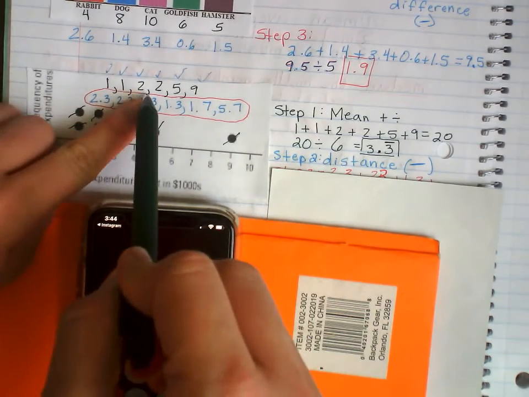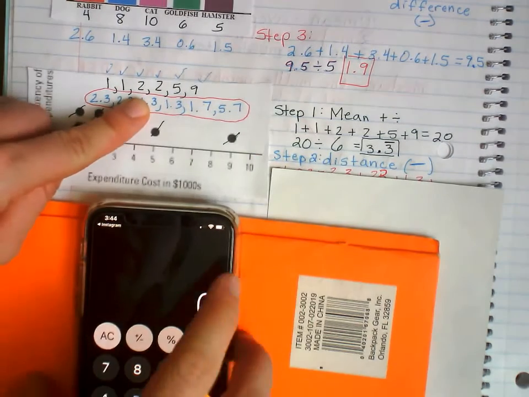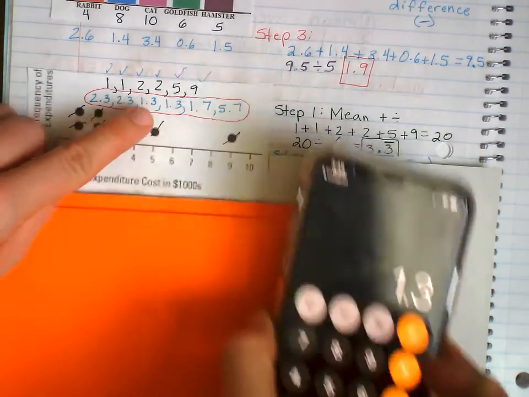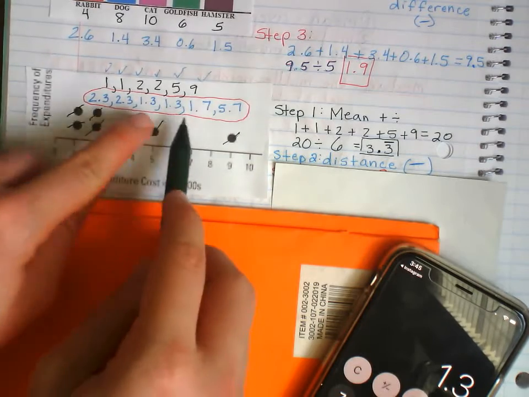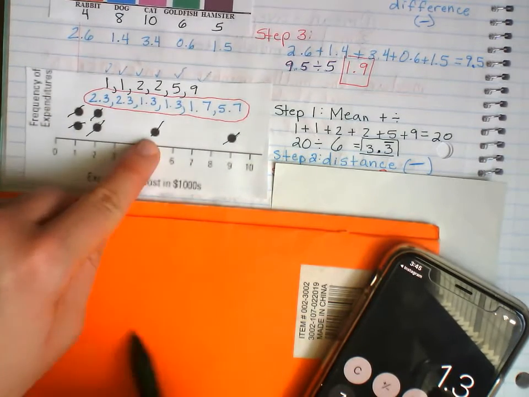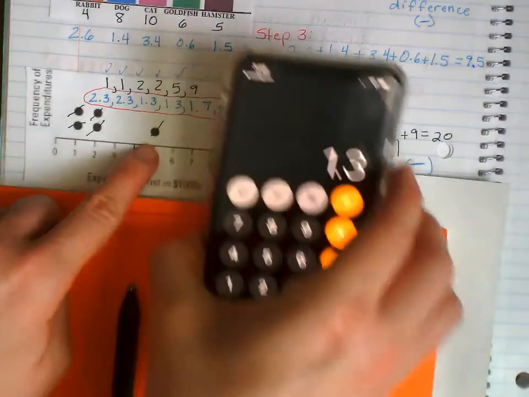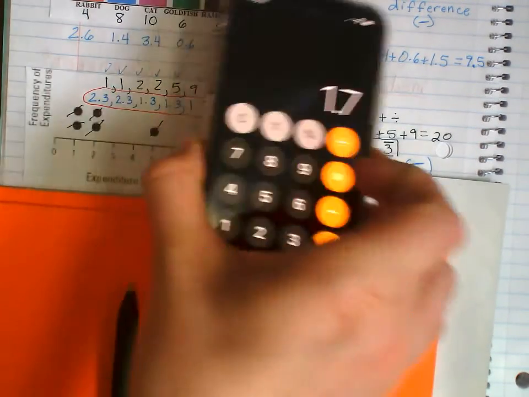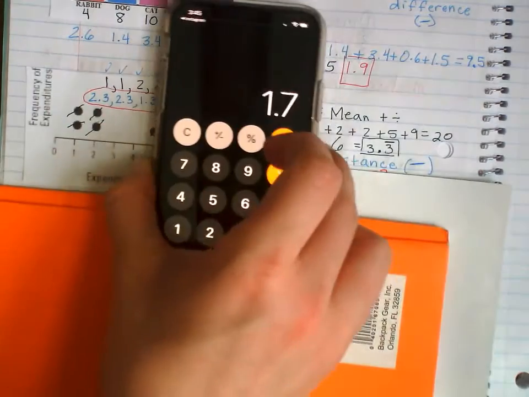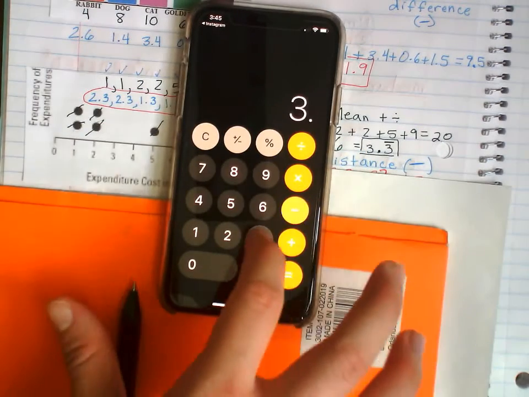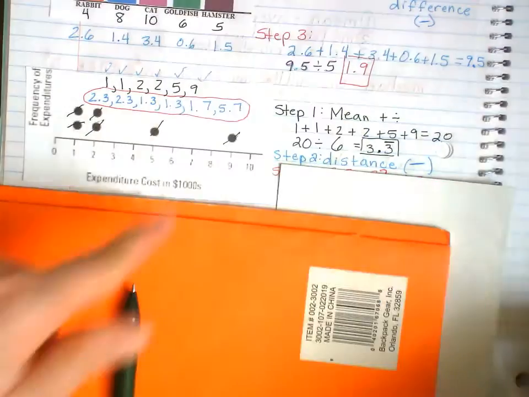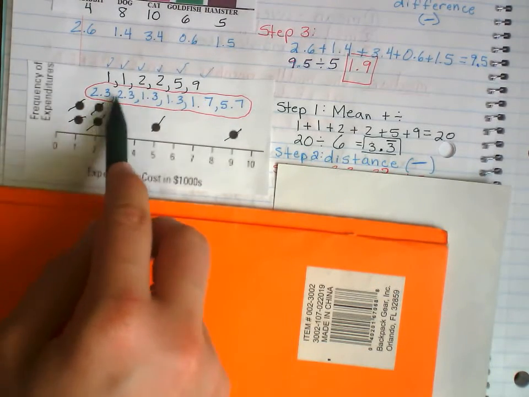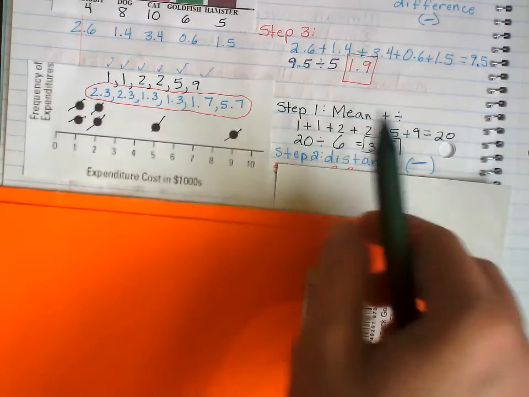How far is 2 from 3.3? Well, 3.3 minus 2 is 1.3 away. We had 2 dots on 2, so we need 1.3 twice. Then we had a dot on 5 and a dot on 9. So 5 minus 3.3, the mean, is 1.7 away. And 9 minus 3.3 is 5.7 away. So those are our distances. That's how far each dot is from the mean.